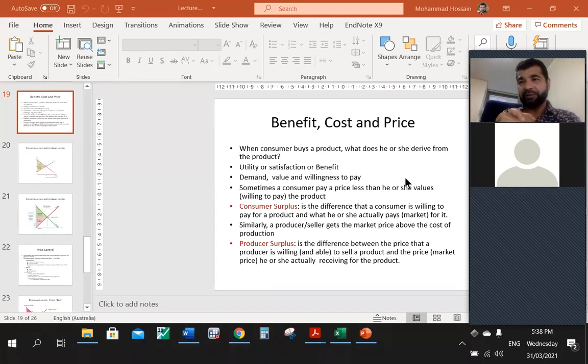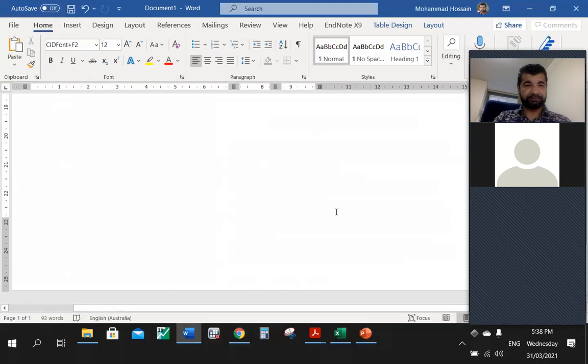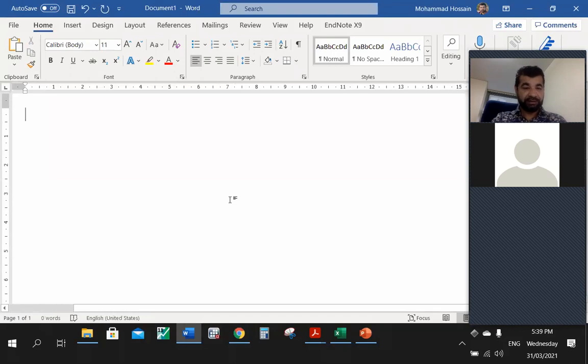Let's say you have an intention to purchase a mobile phone, an iPhone you want to buy, and you are ready to pay, let me write it down here, an expected payment.